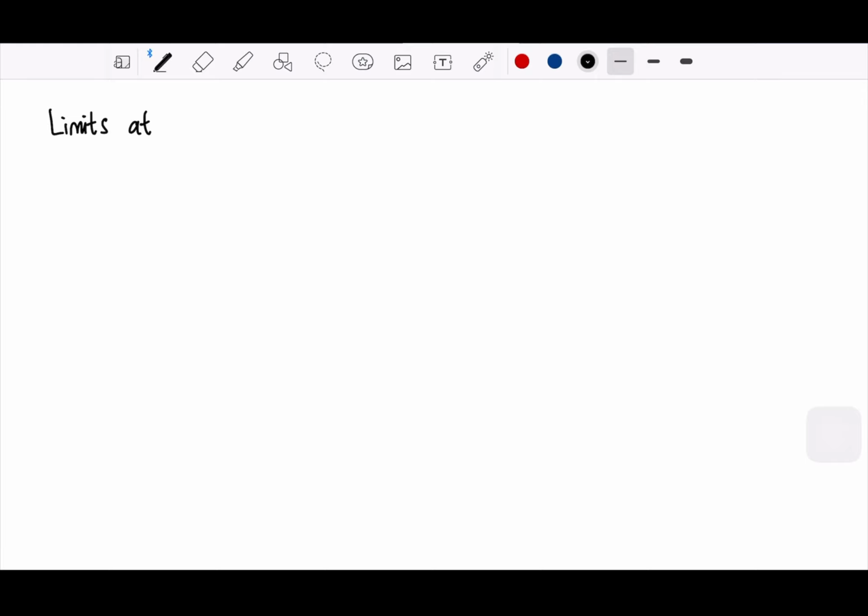So this is called limits at infinity, or we call those implications horizontal asymptotes. Okay.